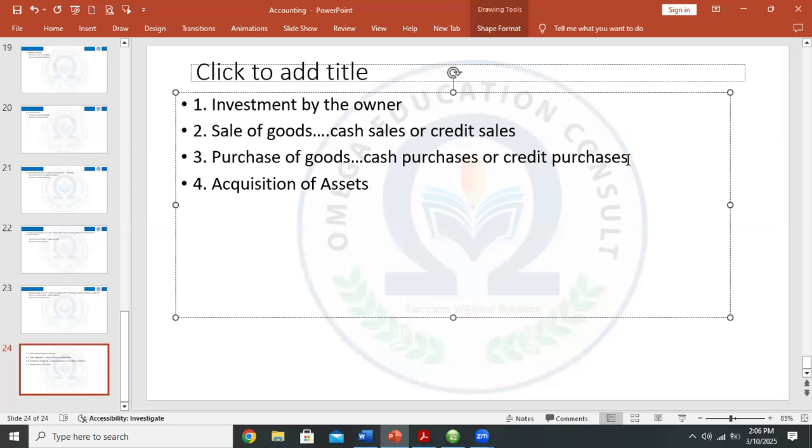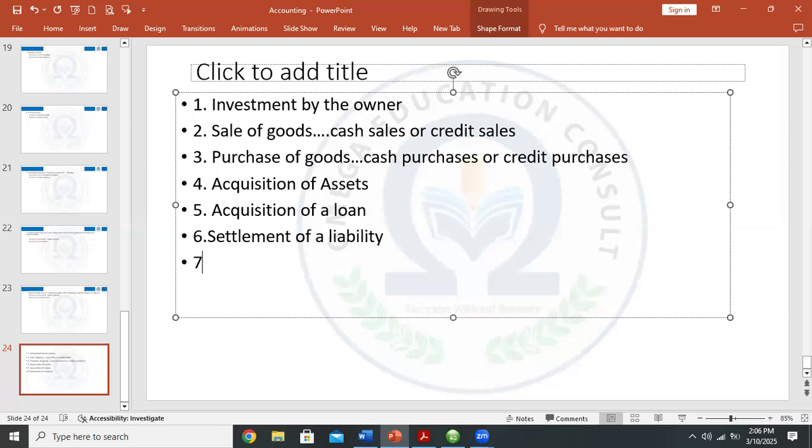Then we went to fifth, which was acquisition of a loan, when the business goes to take a loan. Then went to settlement of a liability, when the business is paying a liability.